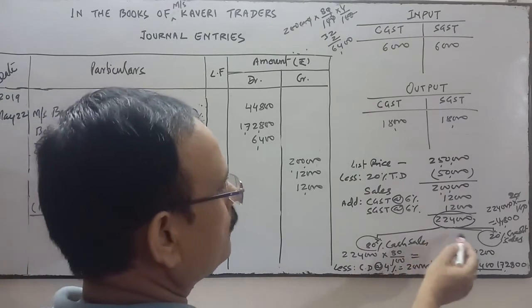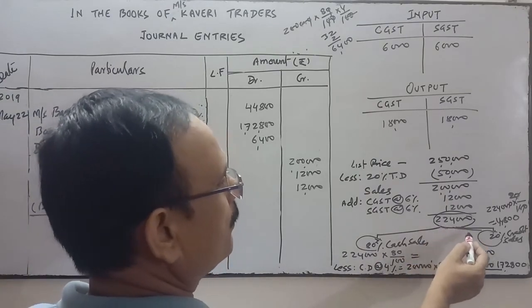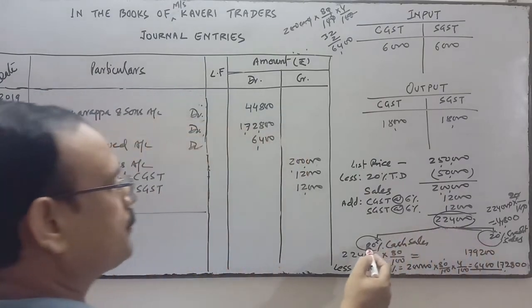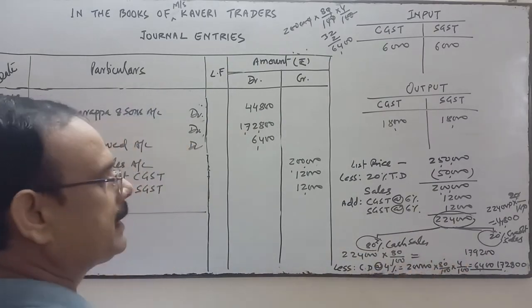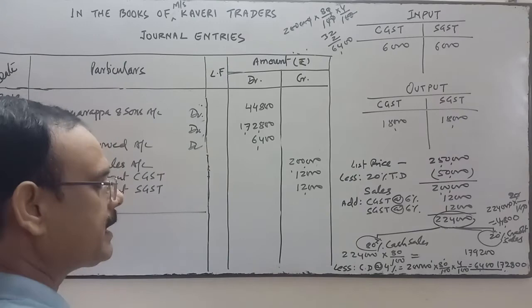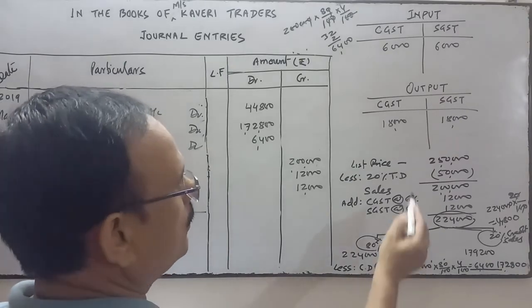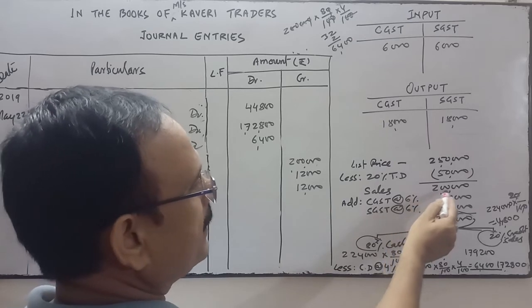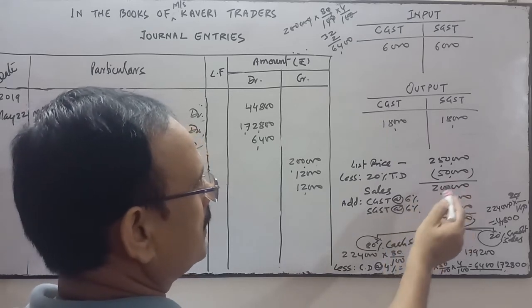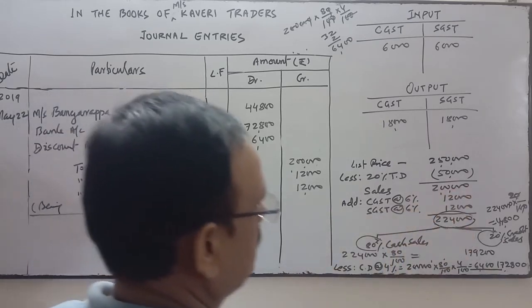So we calculate 20% of 2,24,000 for credit sales and 80% for cash sales, and from that amount we deduct the cash discount. While calculating the cash discount, we convert to 80% first and then 4%.